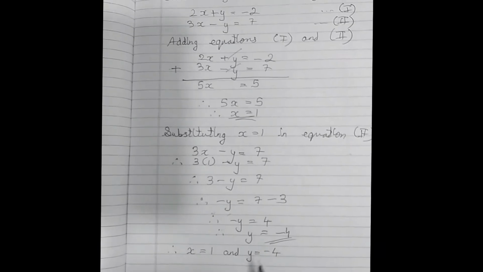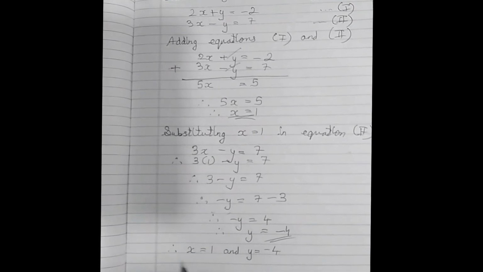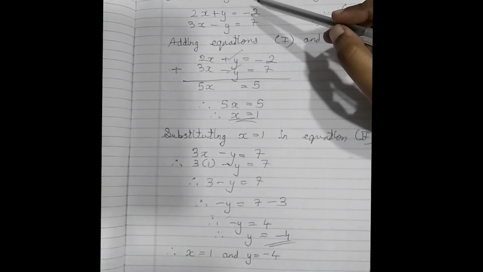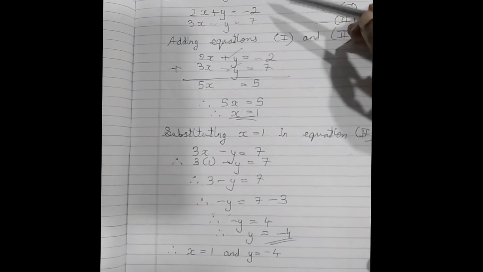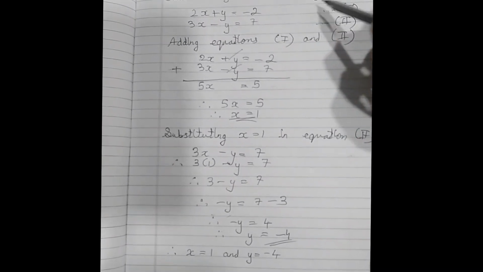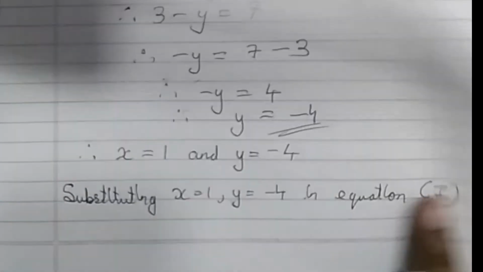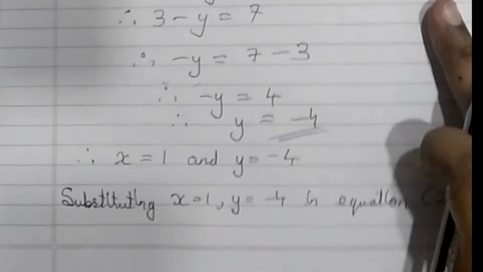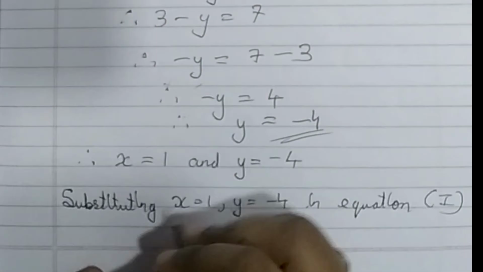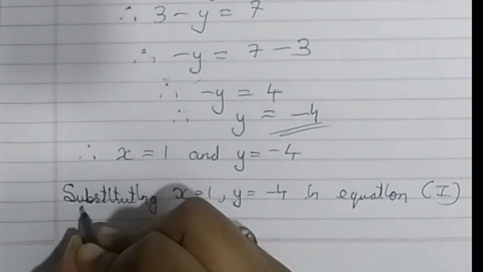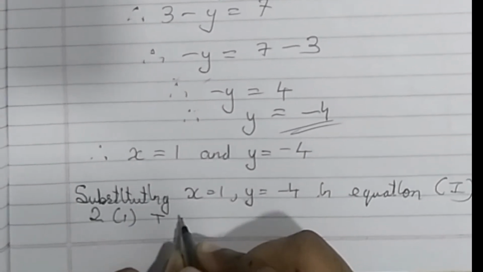This is the answer. Now if you want to verify whether this answer is correct or not, you put these values in any one of the two equations. It will satisfy both equation 1 and 2. We can check this. So we will put it in equation 1. Substituting x equal to 1 and y equal to minus 4 in equation 1: 2, what is the value of x? 1, plus y, what is the value of y?